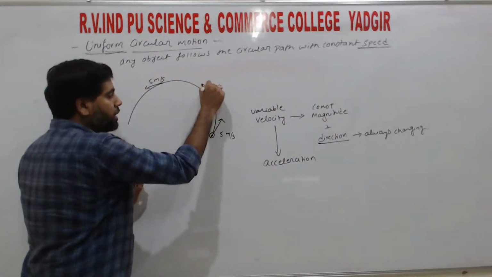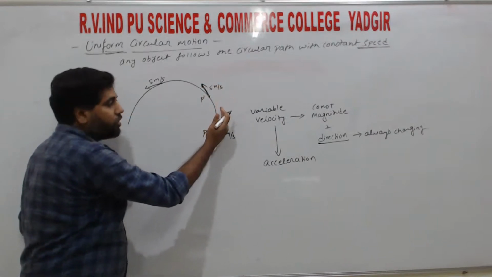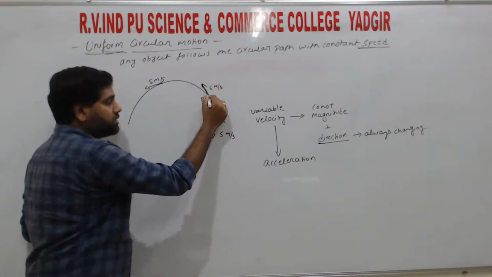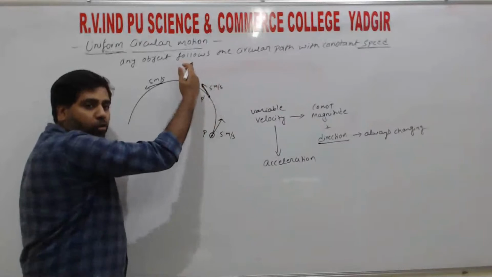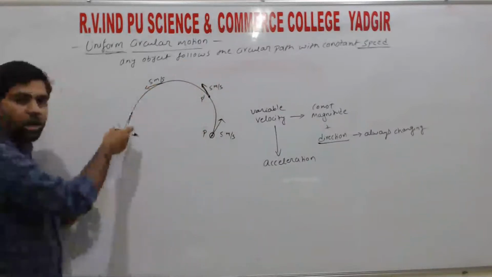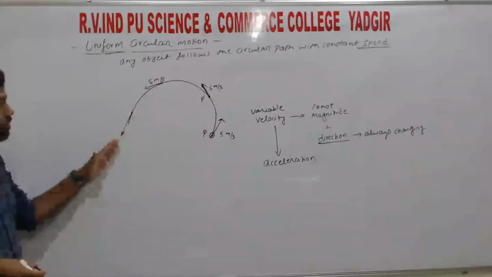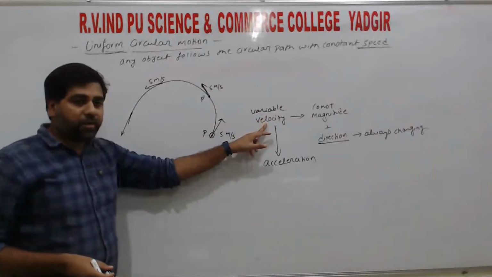If you observe here, at the point P the velocity is in this direction. After a certain time T, it covers some distance to P dash, where the direction of the velocity is upward. Again, somewhere here the direction will be downwards. That velocity we call variable velocity.